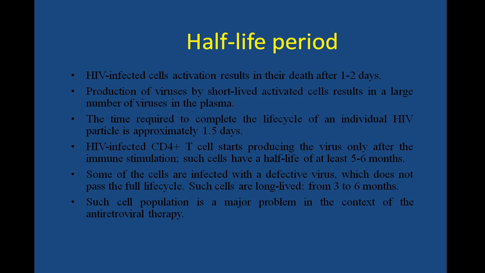HIV-infected CD4 T cells start producing the virus only after immune stimulation. Such cells have a half-life of at least 5-6 months. Some of the cells are infected with a defective virus which doesn't pass the full life cycle.